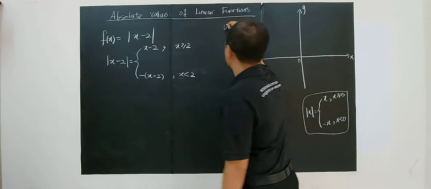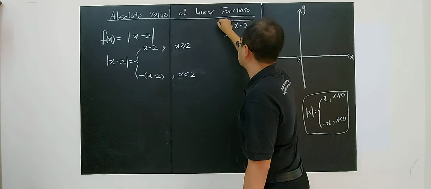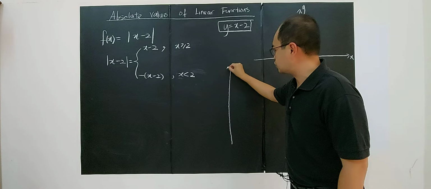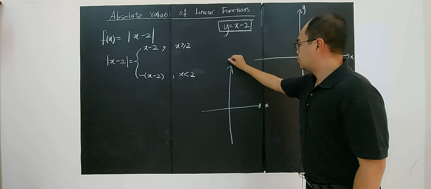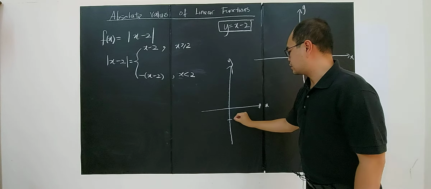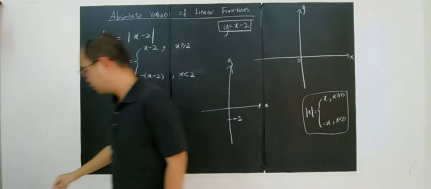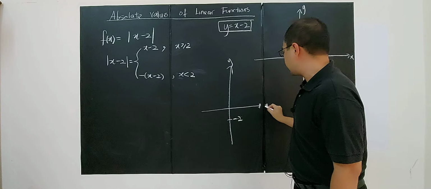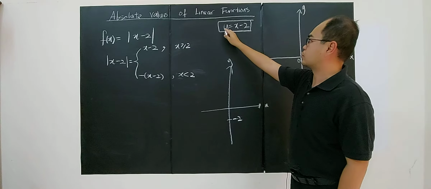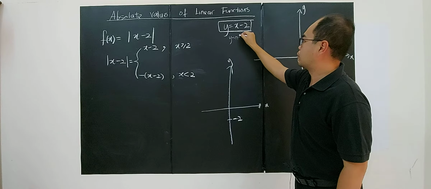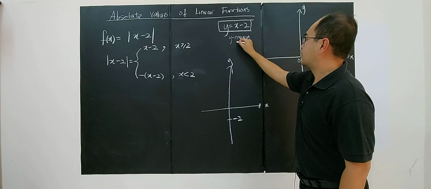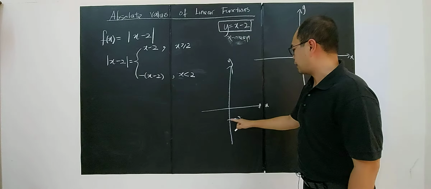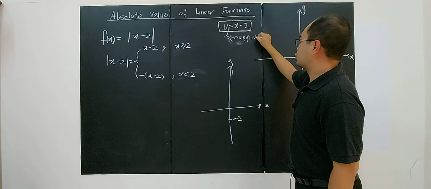You have to know how to sketch the linear function y equals x minus 2. As you know, this is your y-intercept, negative 2, and it will intercept x where y equals 0.